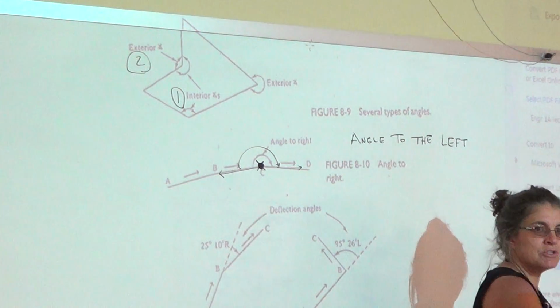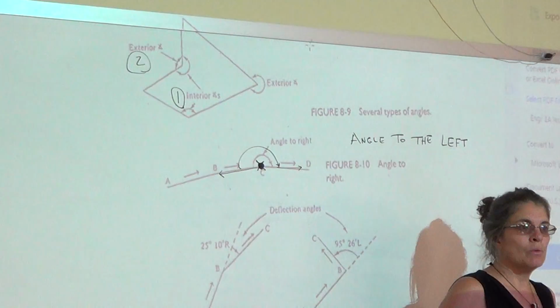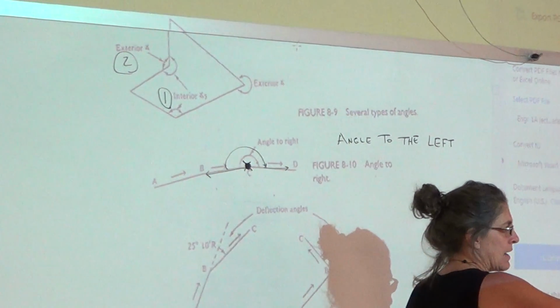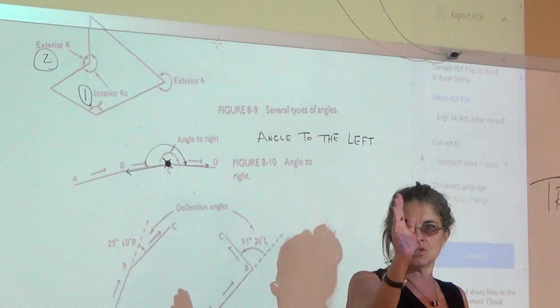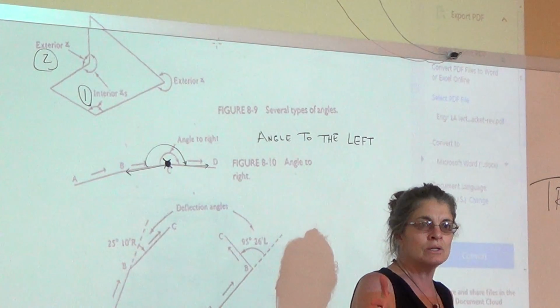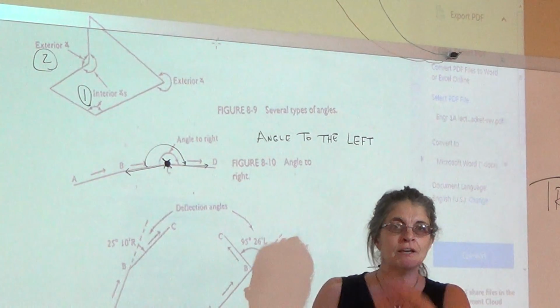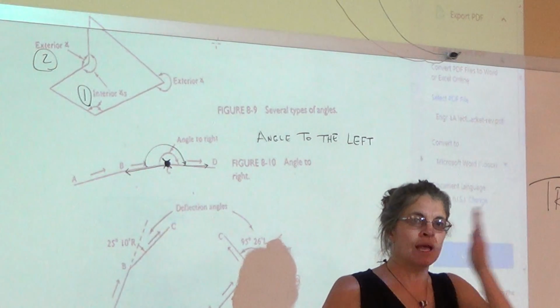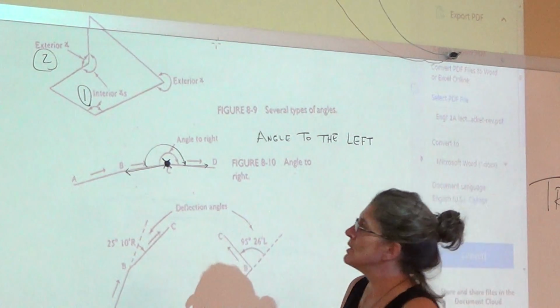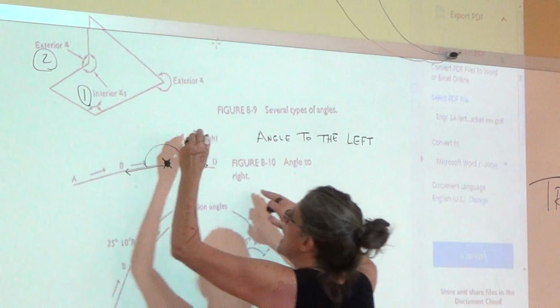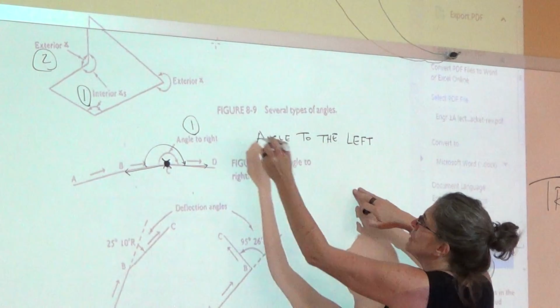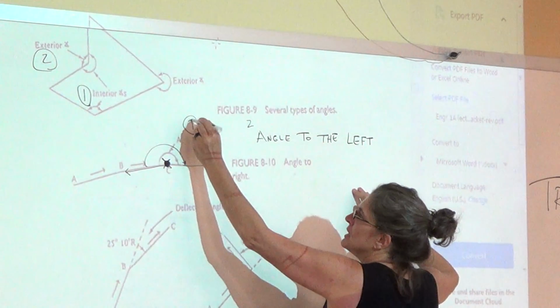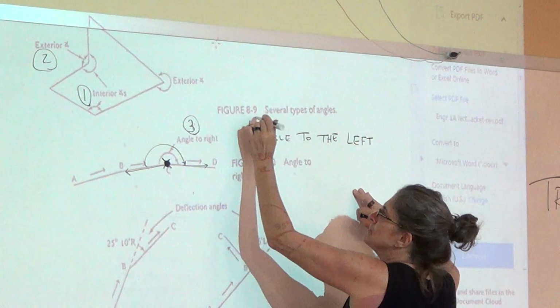But in surveying, we tend to call it going to the right. What if, when I sight that corner of the room and then I turn to this corner of the room, I'm measuring an angle to the right. If I sight this corner of the room and then I turn this way to this corner, I am measuring an angle to the left. So interior, exterior, angle to the right, angle to the left. 3, 4.